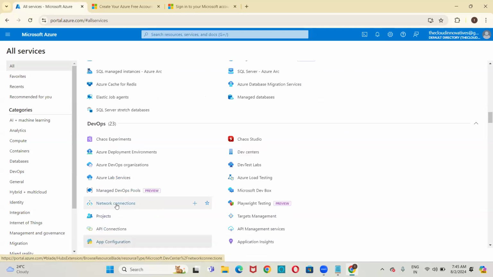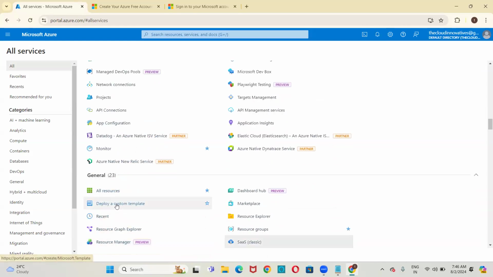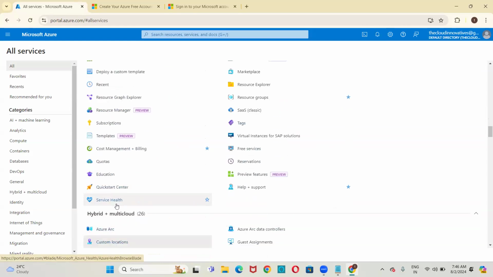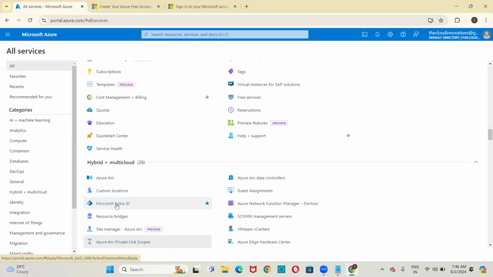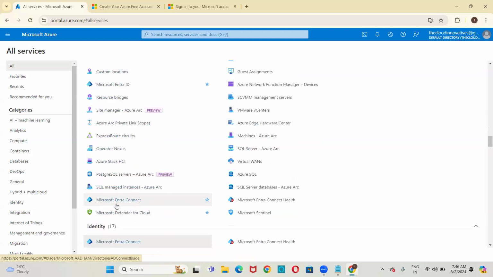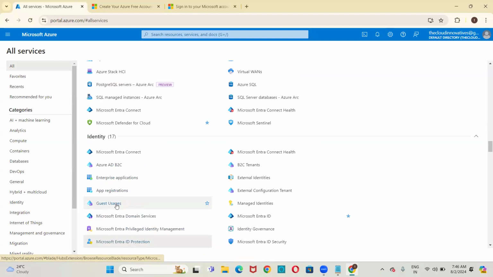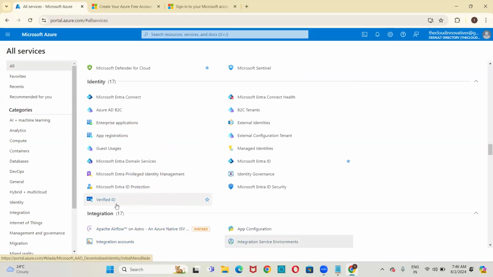DevOps services, general services. Then you have hybrid plus multi-cloud services, identity, integration.